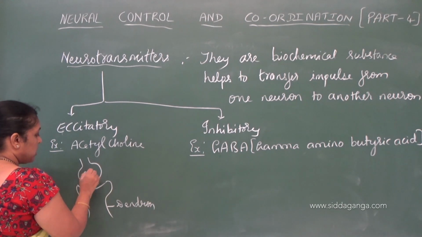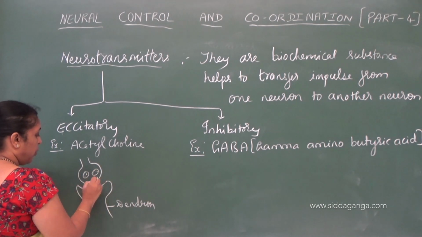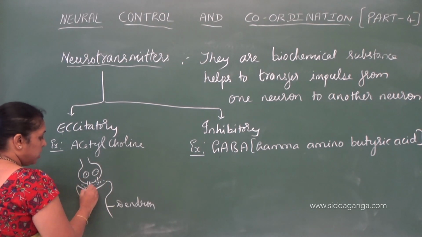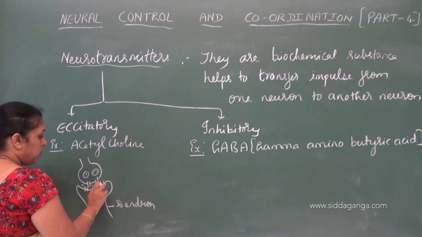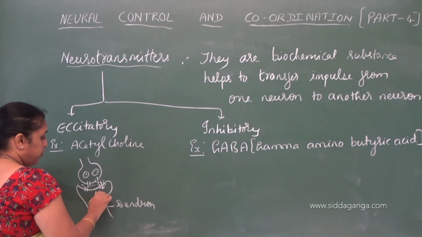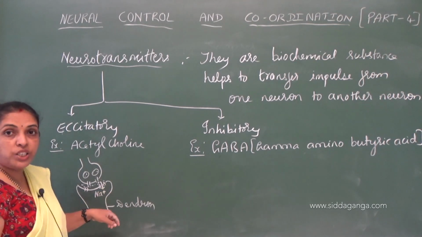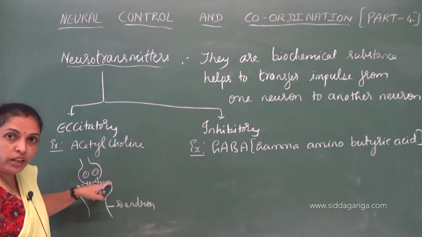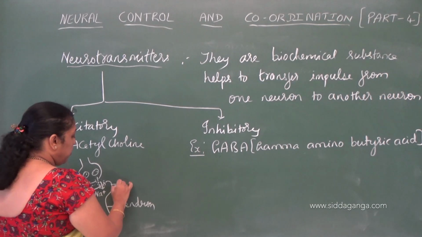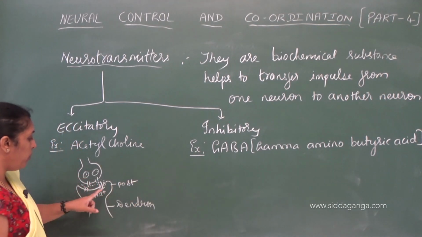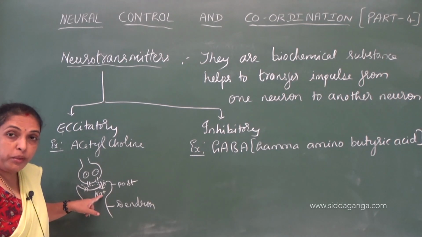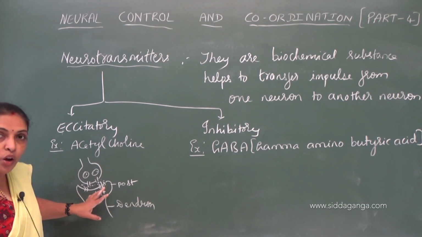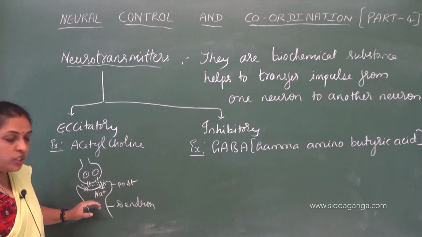So when acetylcholine is released into the synaptic cleft, in the postsynaptic membrane, they allow the opening of sodium voltage gated channels that depolarizes the membrane in the dendron, and action potential is going to be generated.